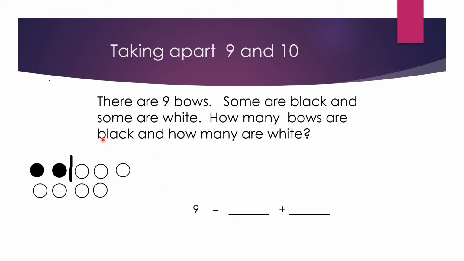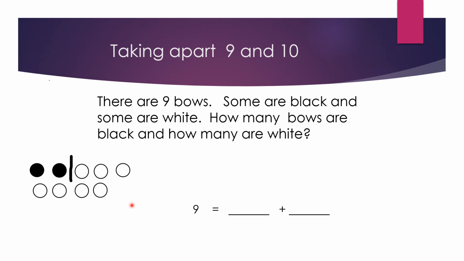Now, if we color 2 dots in black and the rest white, let's count how many white there are. 1, 2, 3, 4, 5, 6, 7. And we separate our 2 parts with a line, separating the 2 black and our 7 white.